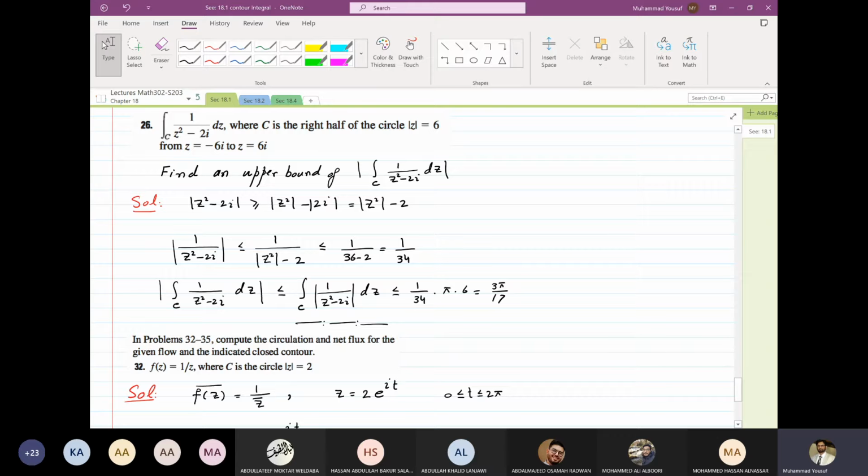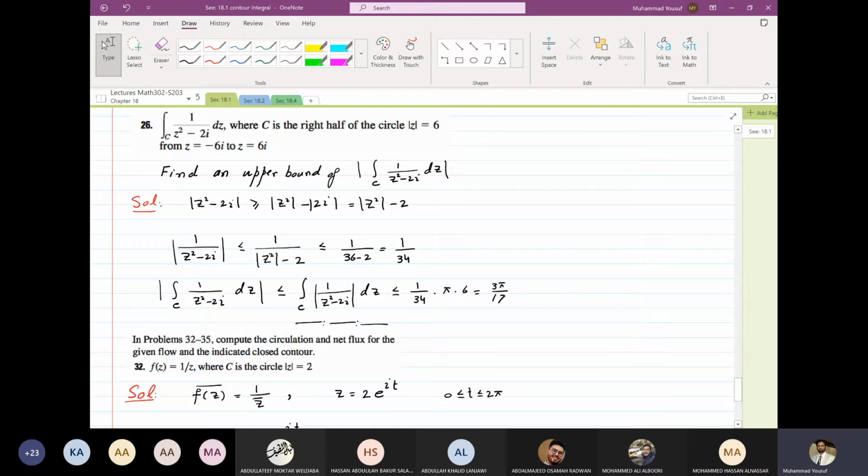So it is the right hand side of this circle, going from bottom to top, that is counterclockwise.